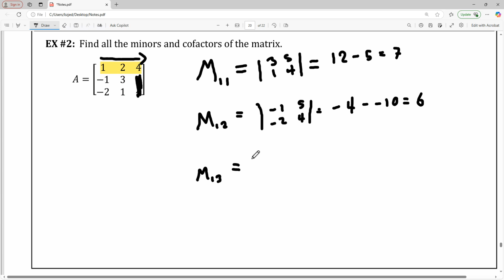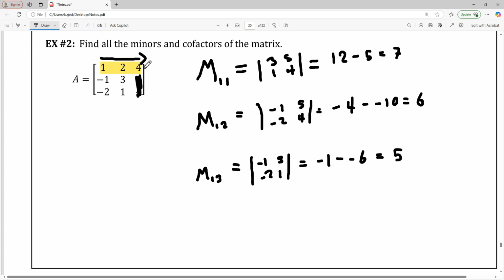So I'm going to take the determinant of the matrix -1, 3, -2, 1. So that would equal -1 times 1 is -1, minus -2 times 3 is -6. Watching out for the double negative, I think I'm getting +5. Those would be the 3 minors if I went along the first row.